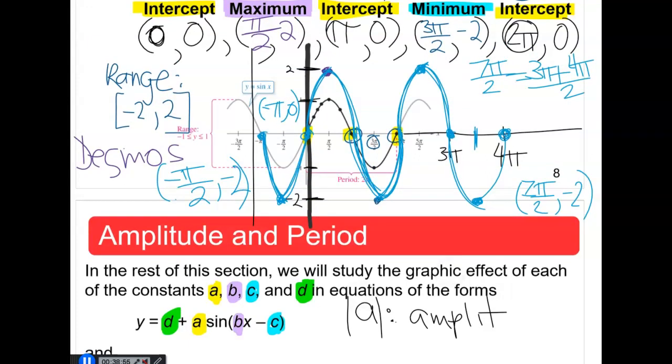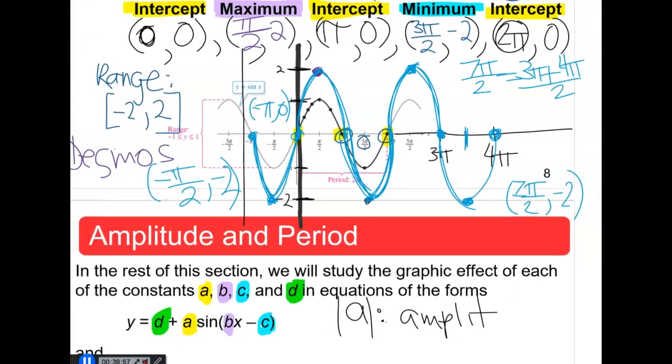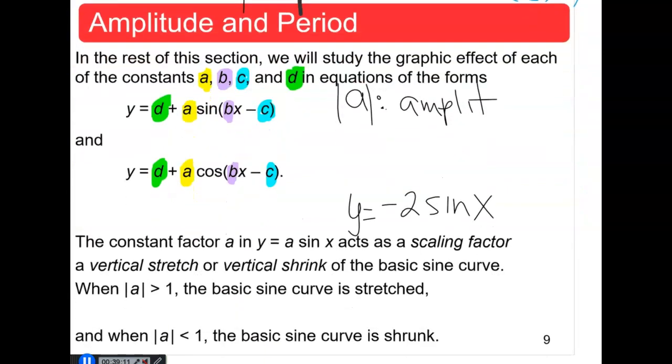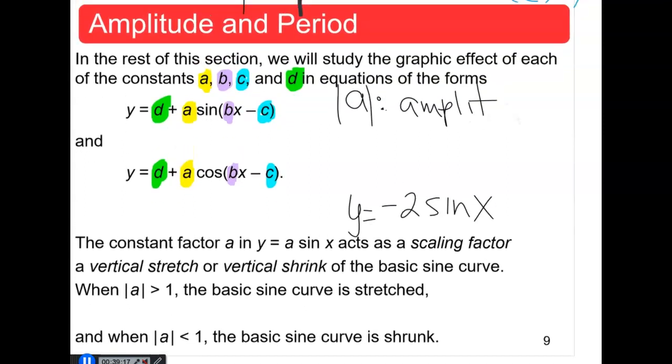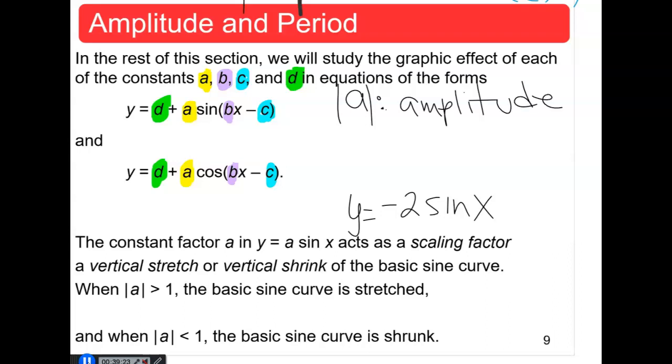Meaning that instead of starting at the origin and then going to a maximum point, we will do the opposite. We will start at the origin and then go to a point down here at negative 2. That is if the equation had a negative 2 in front of sine. But the amplitude is always the absolute value because we're talking about distance. And so that's why I say absolute value of A. So that will be the amplitude.